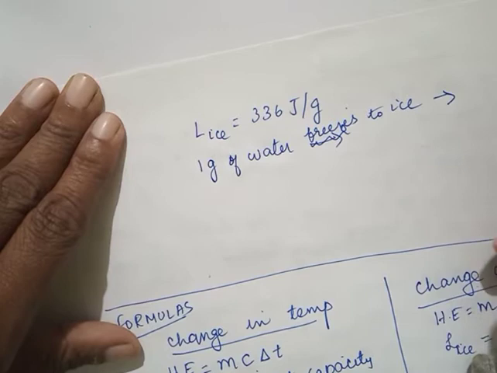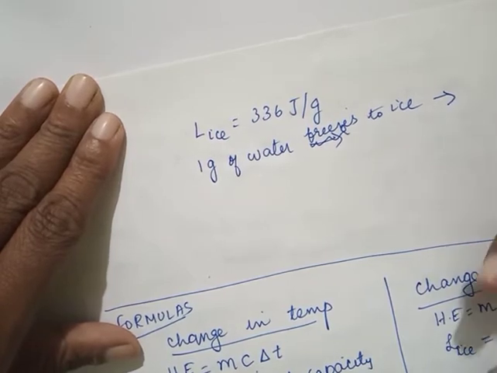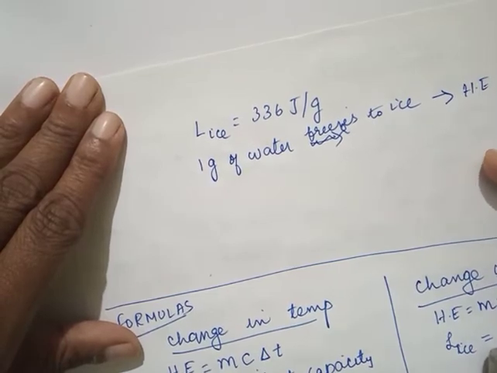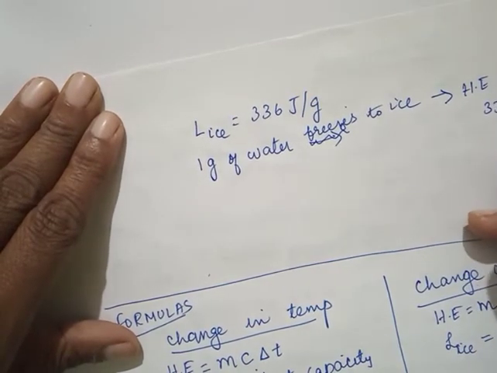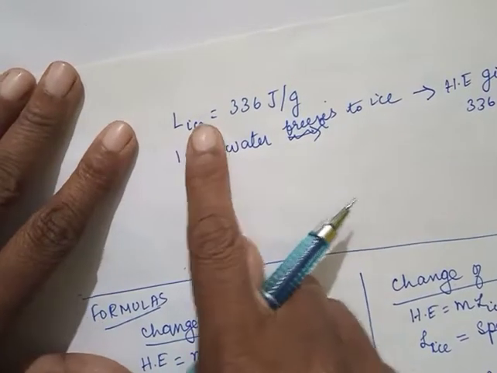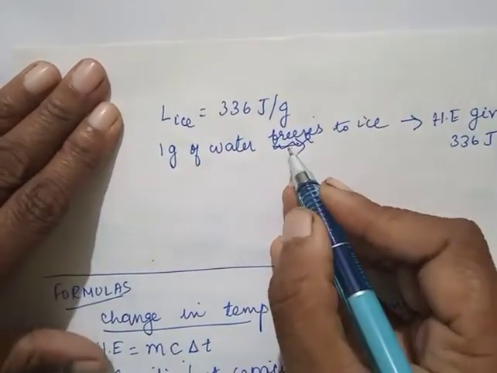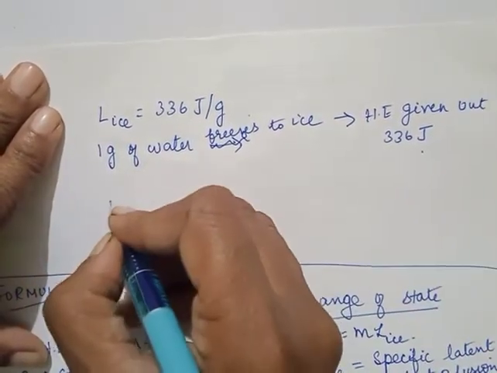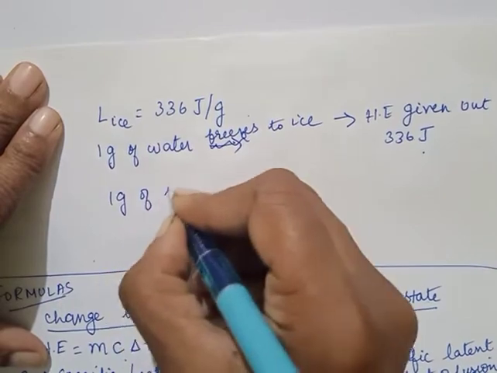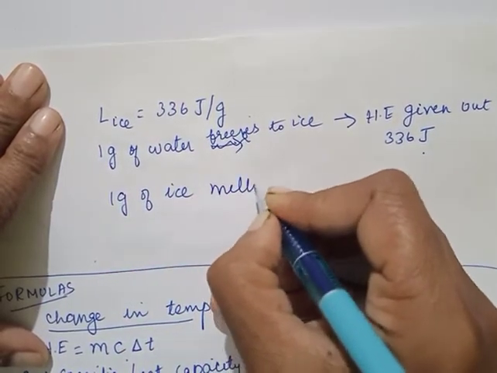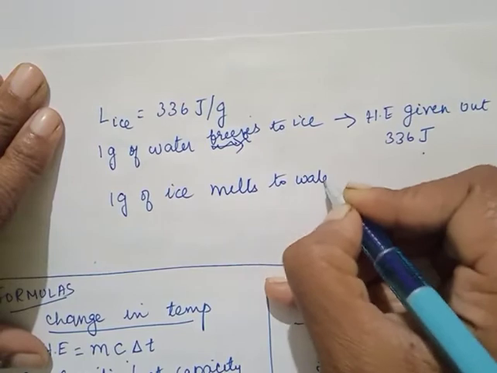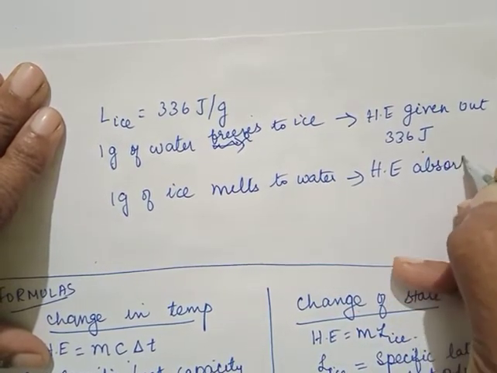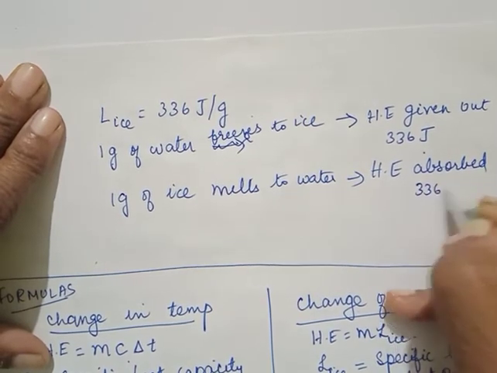In a refrigerator, when you keep a thing, you're cooling it and the heat is given out. So heat energy given out will be 336 joule. Okay, L of ice, when I say 336 joule, means while freezing, every 1 gram will give out this much. And if 1 gram of ice melts to water, it will take heat energy. Heat energy will be absorbed, and that is also equal to 336 joules of heat energy.